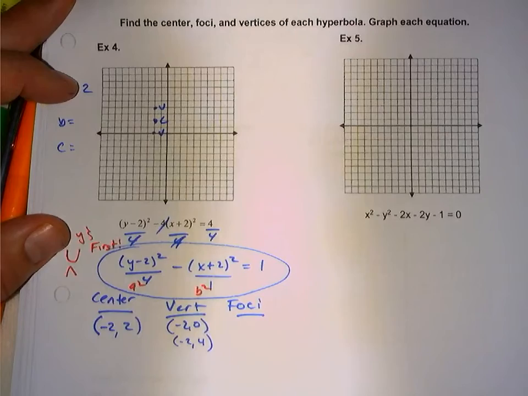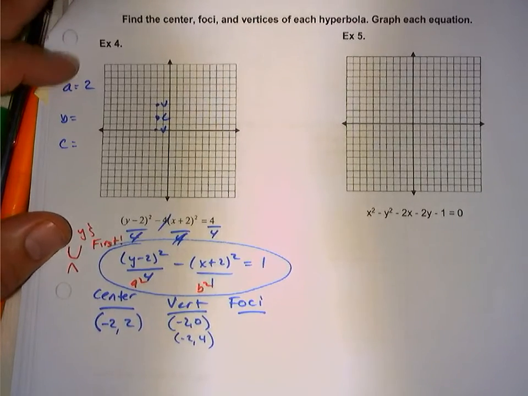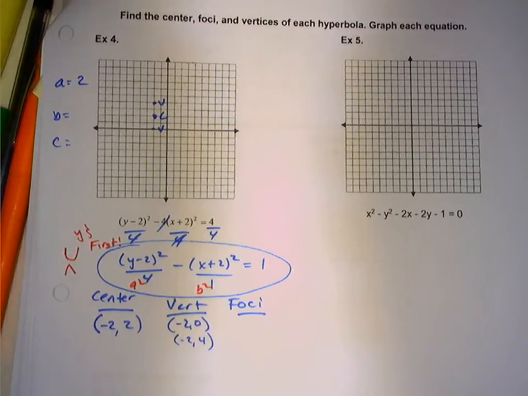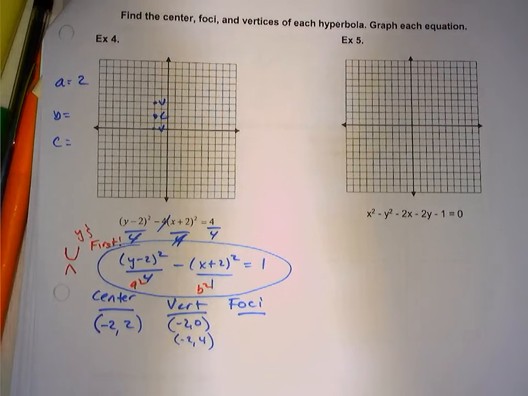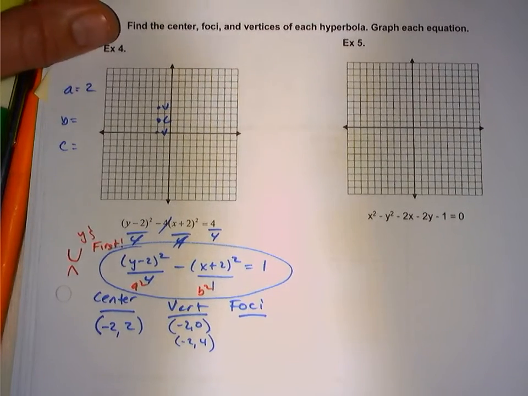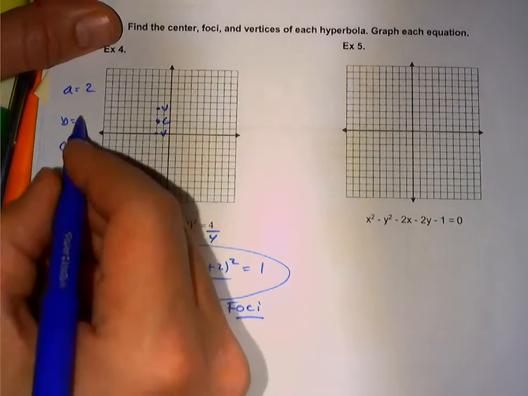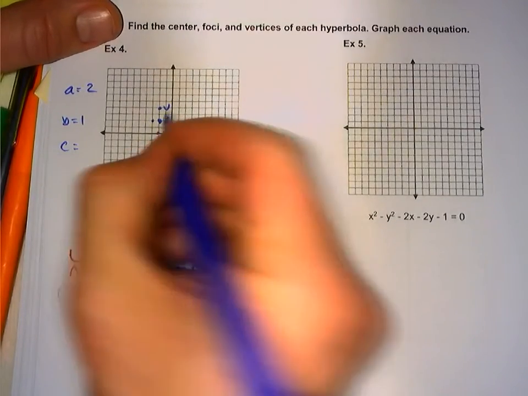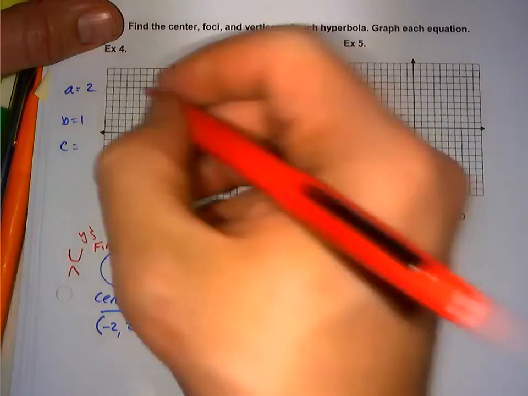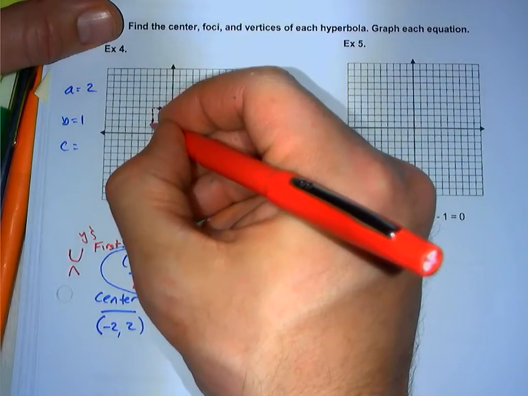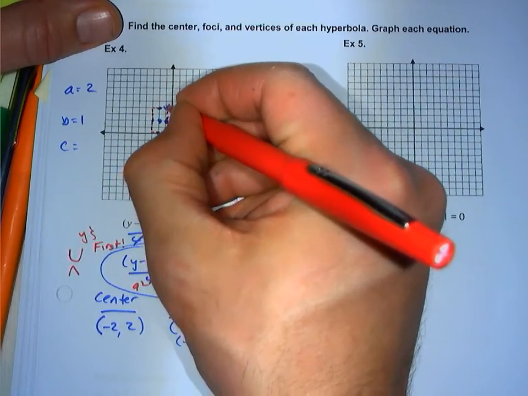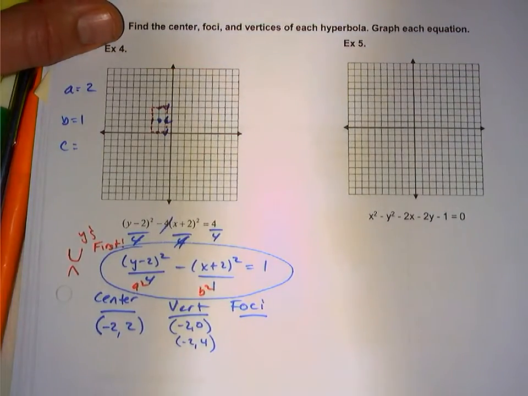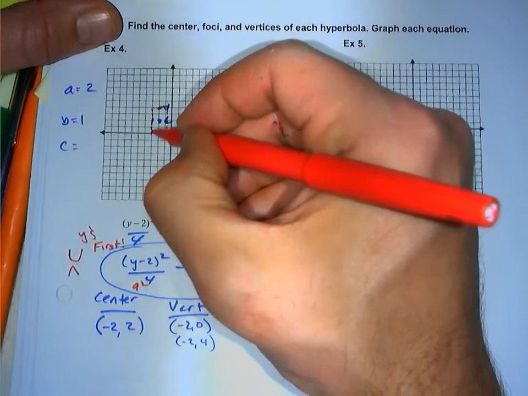We go okay with that? Any questions? But b. Take this guy's square root of 1. So I just go left and right, it's underneath the x's. And now look at that little rectangle right there in quadrant 2. Asymptotes, corner to corner.